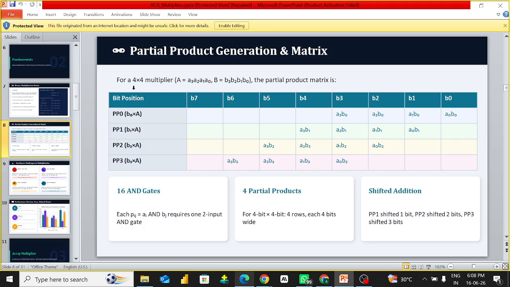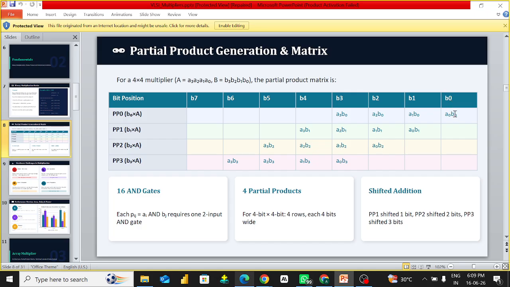So for a 4-bit multiplier, meaning 4-bit input, like I said in one example, we are going to multiply like this only, just like how you added everything. 1101 multiplied with 1011, right? So you multiply like this.